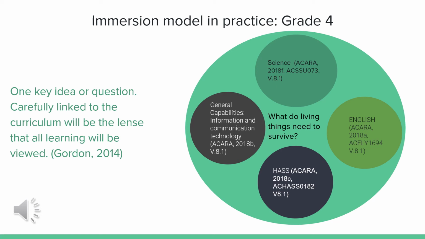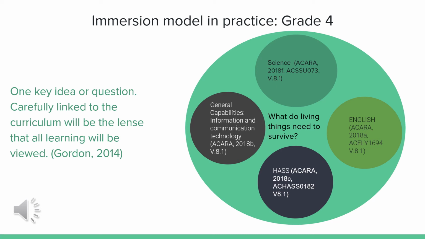In the first instance, the main learning area covered would be science, and the content would be living things depend on each other and the environment to survive. The main question for this project would be, what do living things need to survive?